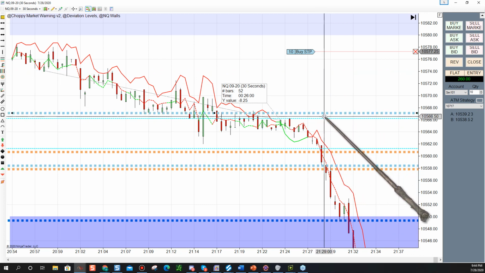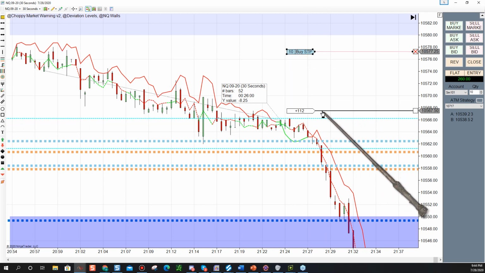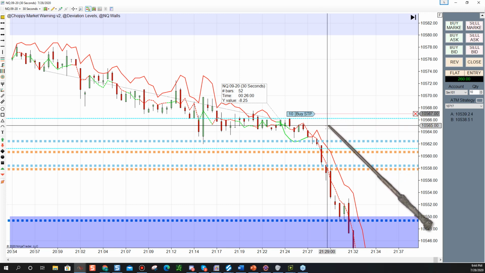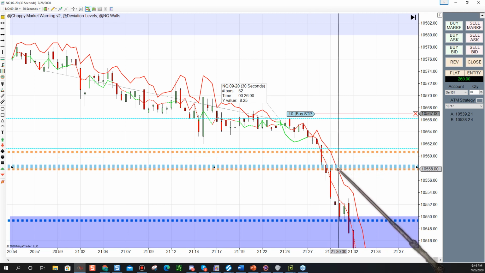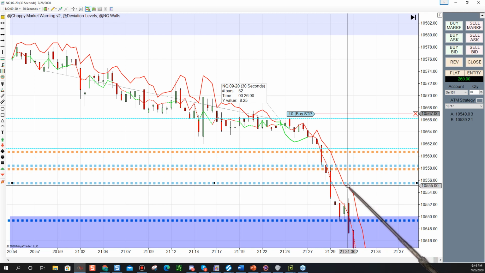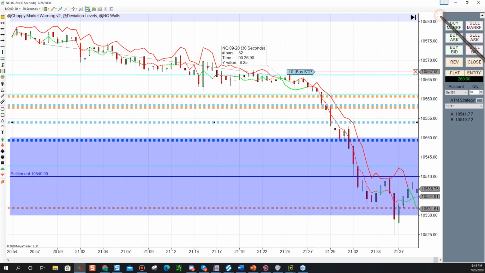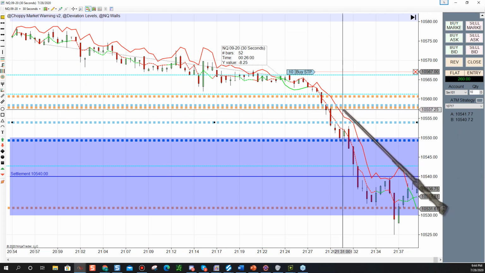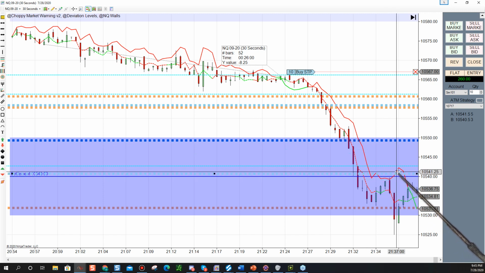My stop would be, right here. Once it moves, the solid line moves below my entry, then I trail my stop about 5 points behind the solid line. Then I trail it down, down, down, up, down.